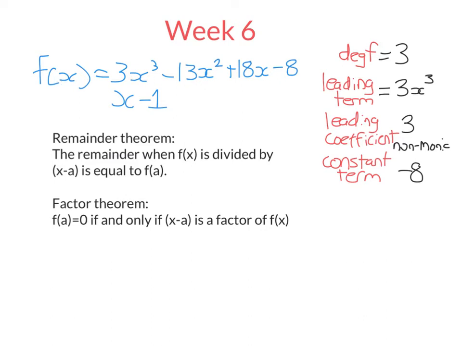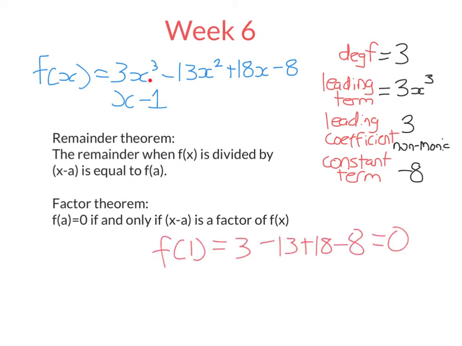And the factor theorem tells us kind of what we already know. We know that something is a factor if it goes into it evenly. So x minus a, this linear polynomial, is a factor of this polynomial if the remainder is 0. If I divide this by this and get a 0 remainder, then this is a factor. So f of 1 here, I just replace all the x's with 1.